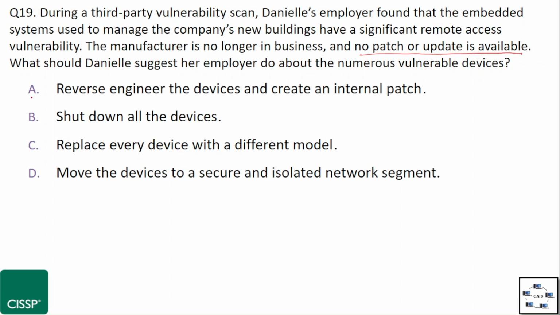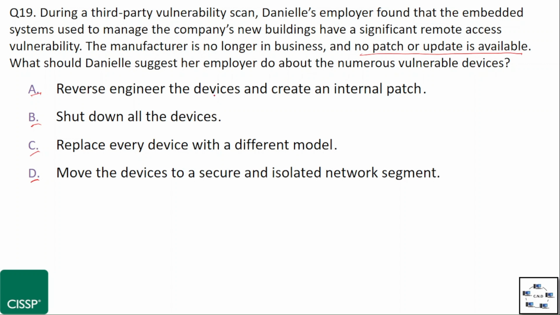The options are: option A, reverse engineer the devices and create an internal patch. Option B, shut down all devices. Option C, replace every device with a different model. And option D, move the devices to a secure and isolated network segment.